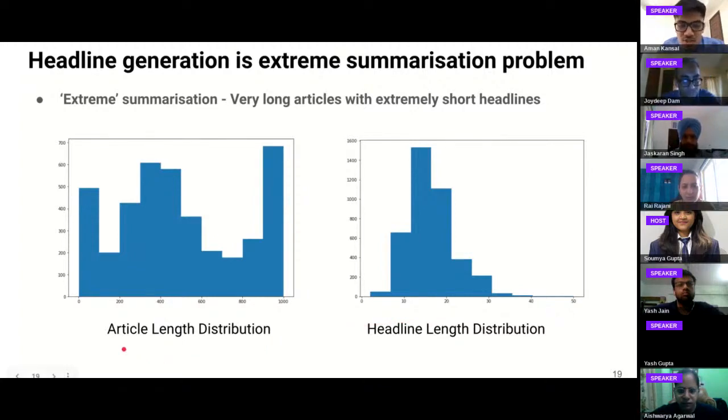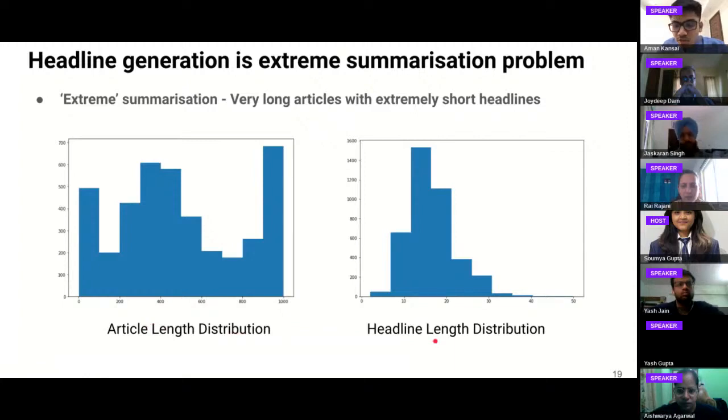So the compression ratio, first of all, was very high. Moreover, if we use any out-of-the-box summarization model, usually those models have the pattern that the output summary or headline is proportional in length to the input text, and that distribution was not replicated in the data given to us.